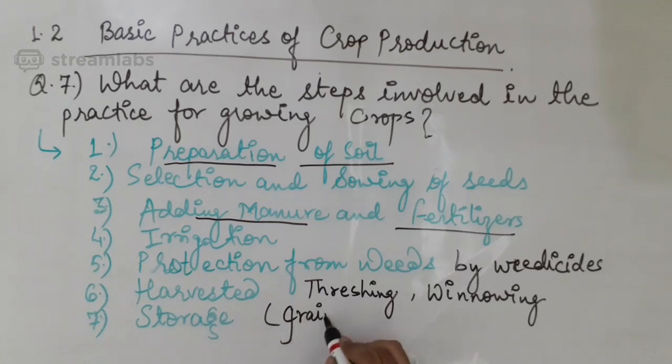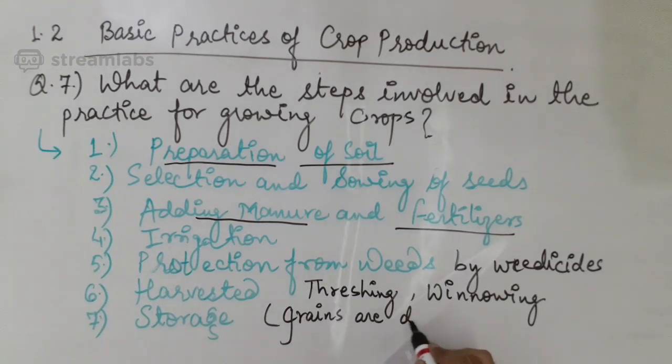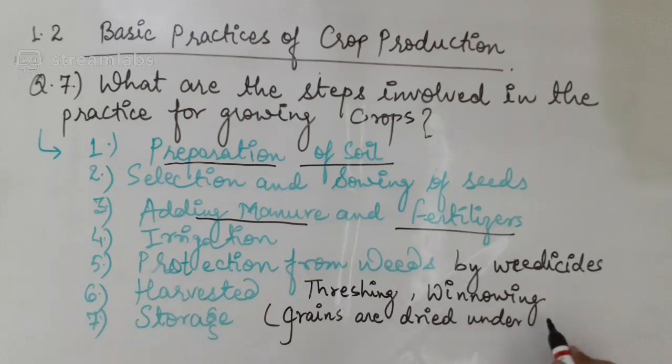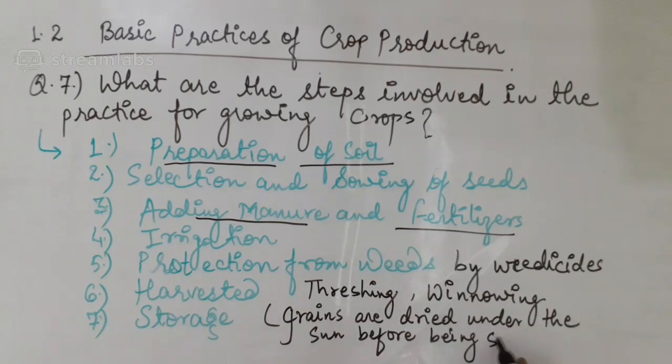The grains are dried under the sunlight before being stored. Why the grains need to be dried under the sun before storage?